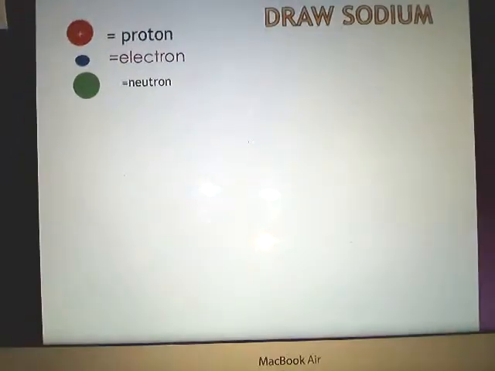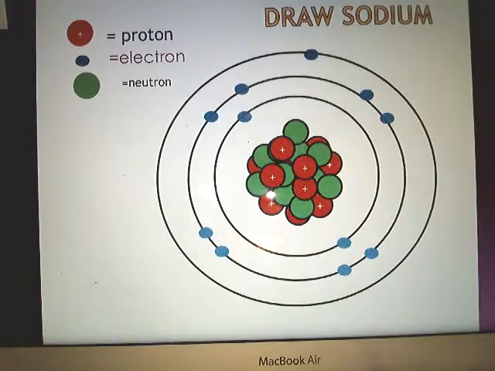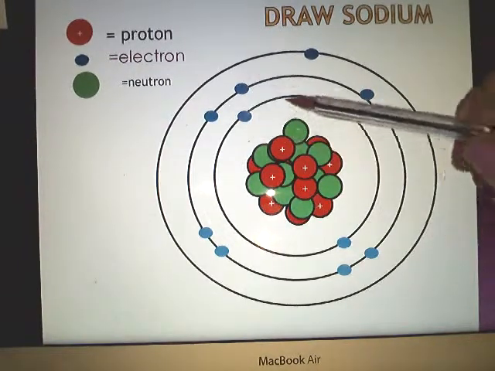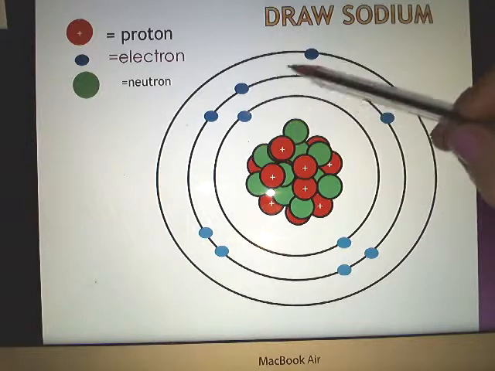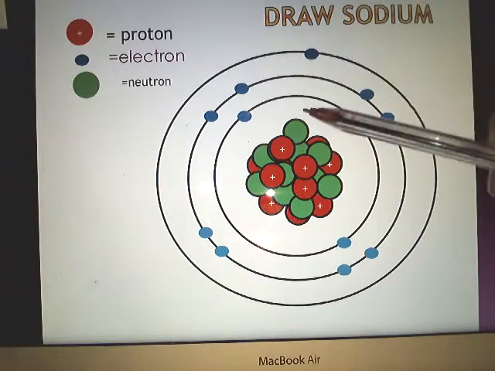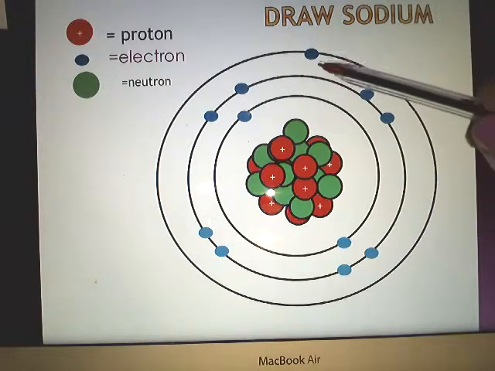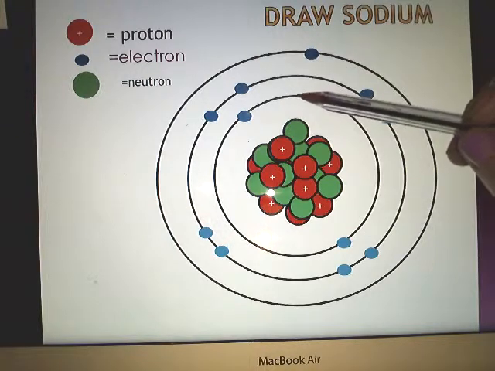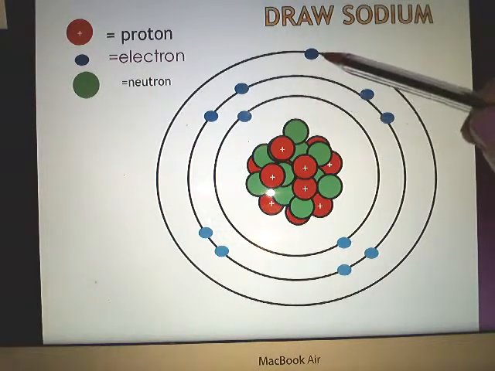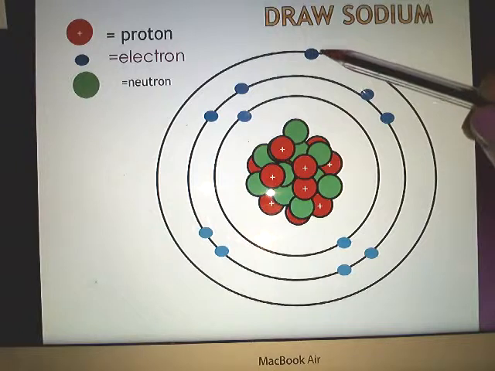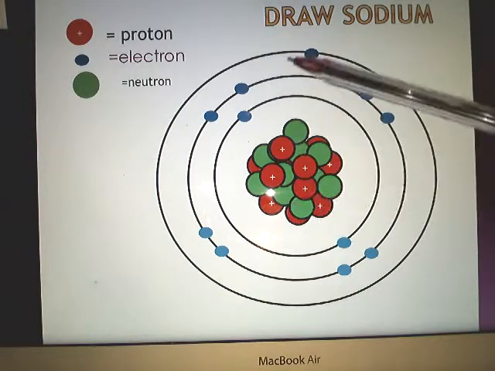So hopefully we've got something like this, where we've got 2 electrons in the first shell, 8 in the second shell, and then 1 in the third shell. Sodium is in period 3. It's got 3 shells, and it's in group 1. It's got 1 valence electron.